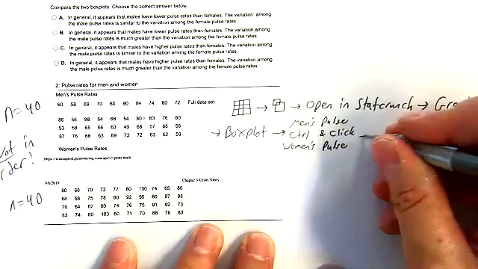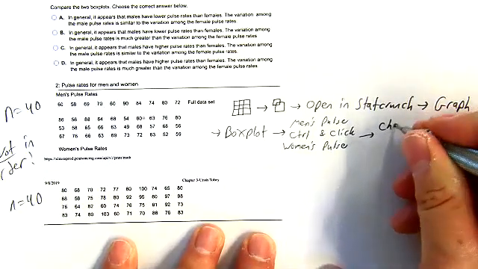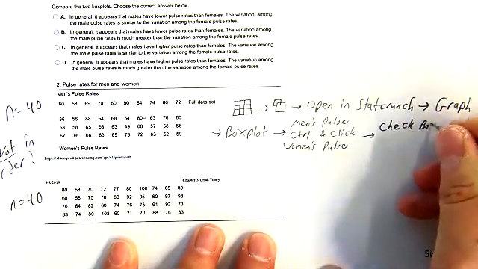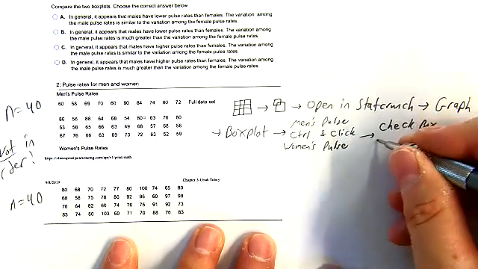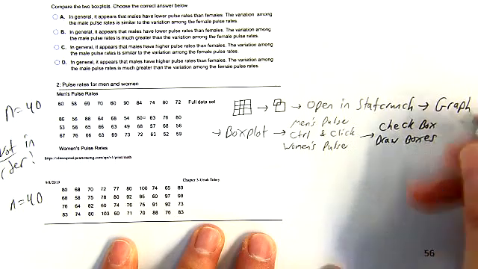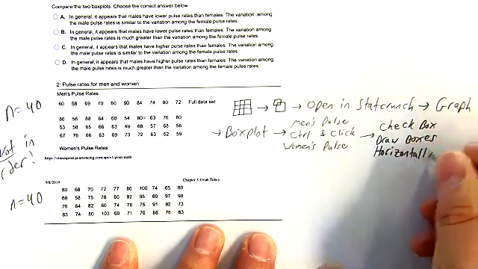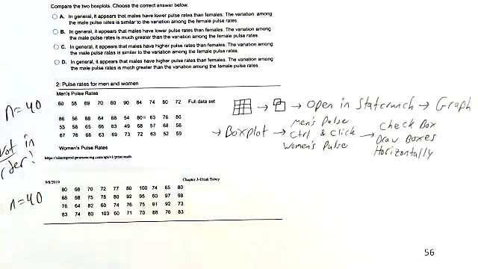Then there's a little box that says draw boxes horizontally, and you're going to check it. It defaults to drawing them vertically, which I said is useful for like stock tracking.